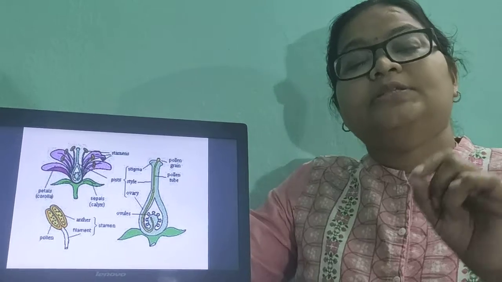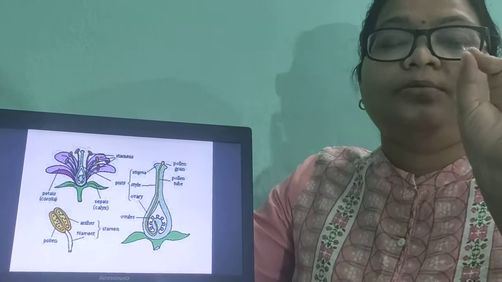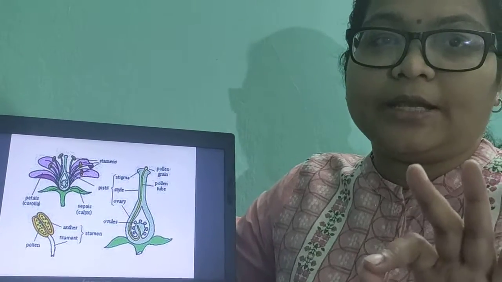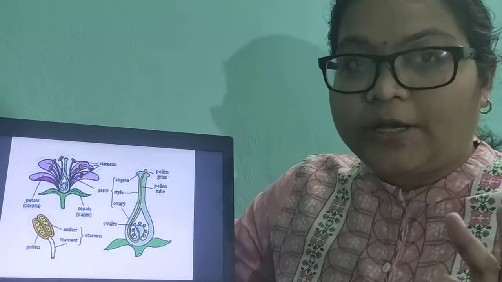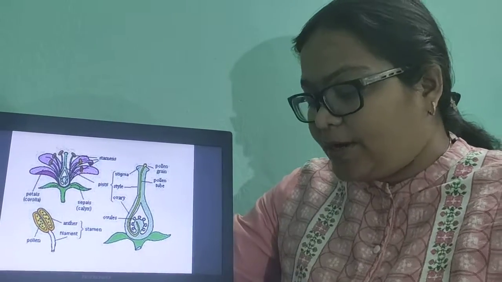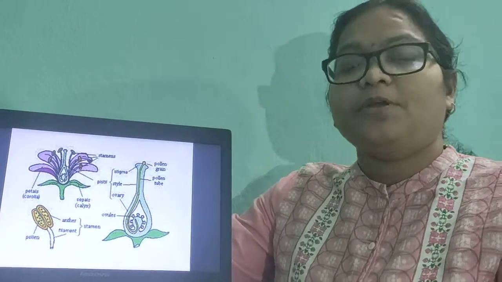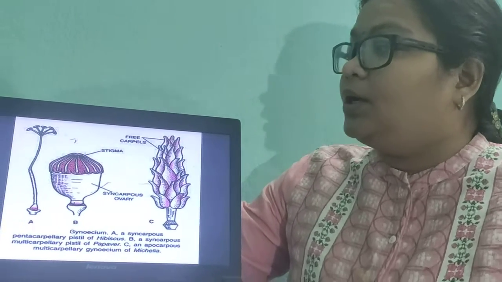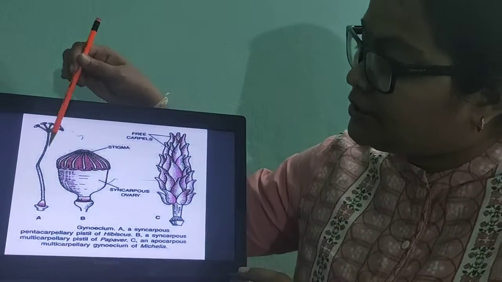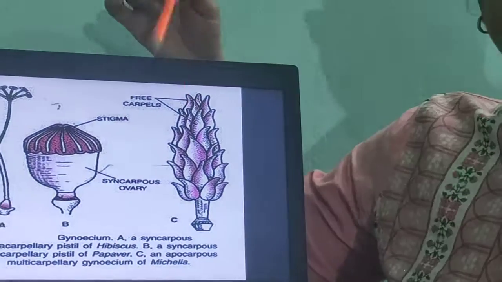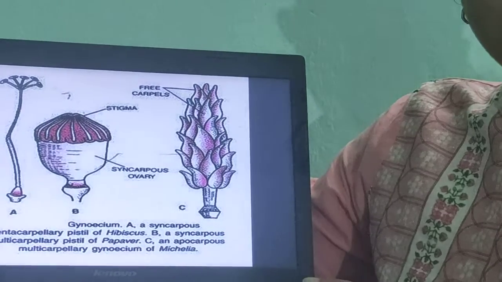So flowers with respect to the number of carpels are known as monocarpellary or polycarpellary or multicarpellary, right? The polycarpellary flowers have more than one carpel. So here you see this is a monocarpellary flower and these are polycarpellary flowers having more than one carpel.